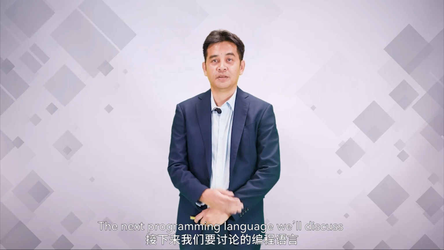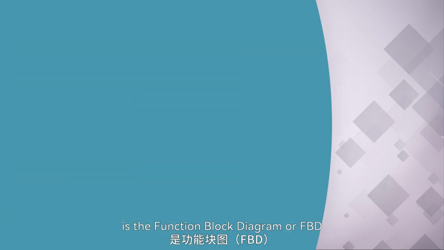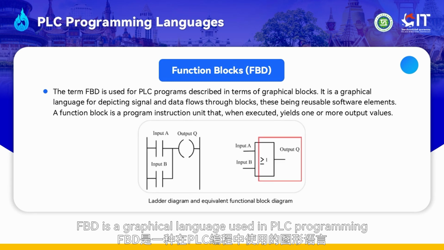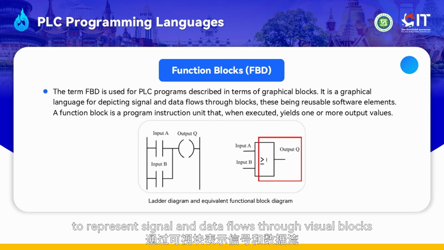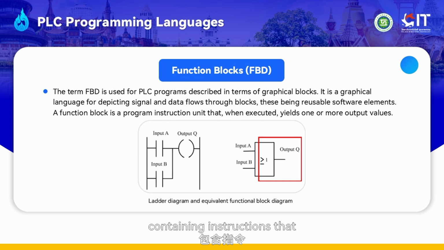The next programming language we'll discuss is the function block diagram, or FBD. FBD is a graphical language used in PLC programming to represent signal and data flows through visual blocks. Each block acts as a reusable software element, containing instructions that, when executed, produce one or more output values.